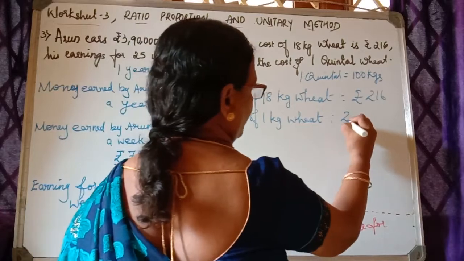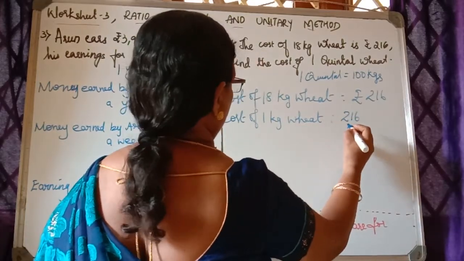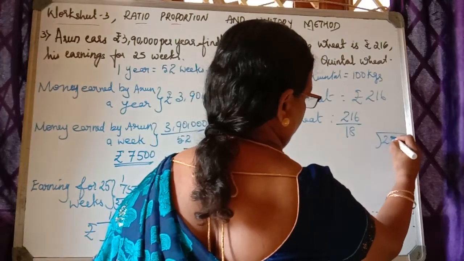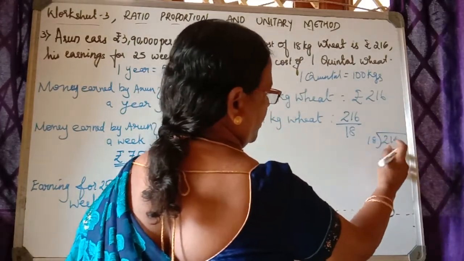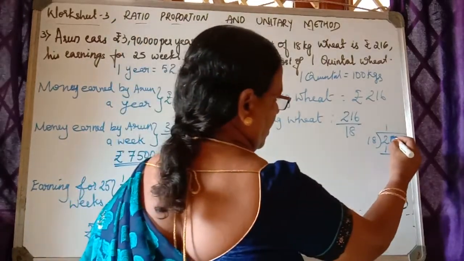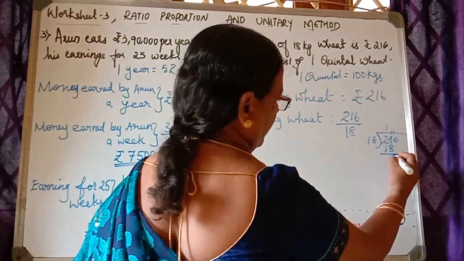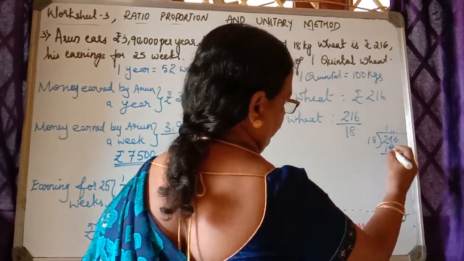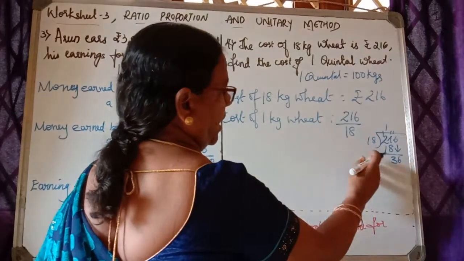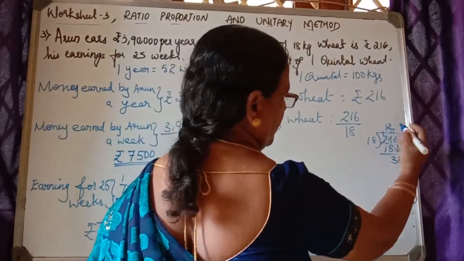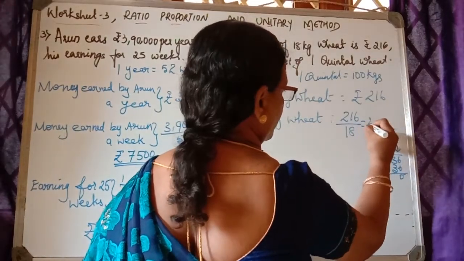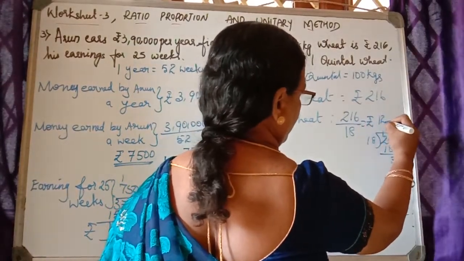What we have to do? 216 divided by 18. Right here 216, 18. In 21 how many 18s are there? 1 18 is 18. Now we have got 1, 11 minus 8, 3. Here 1, so 0. Bring the 6. In 36 how many 18s are there? 2 18s are 36. So what is the cost of 1 kg wheat?